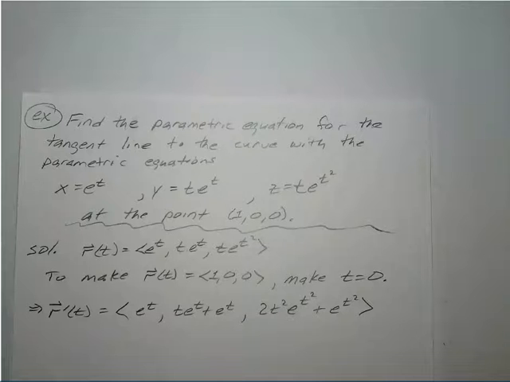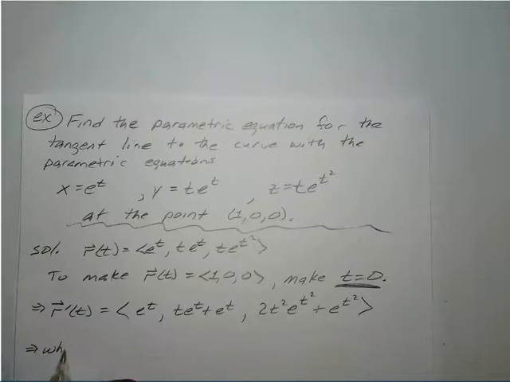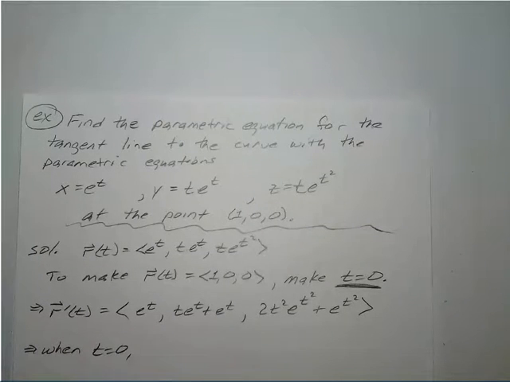All right. So now we plug in t equals 0. When t equals 0, we know that your r prime is equal to, of course, e to the 0. You have 0 e to the 0 plus e to the 0.